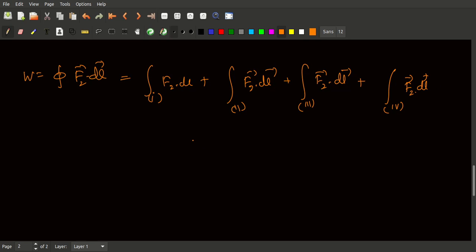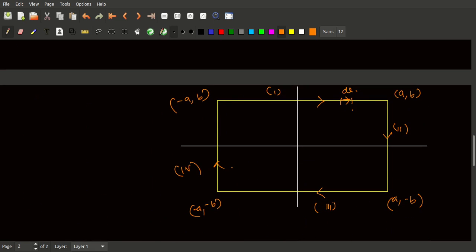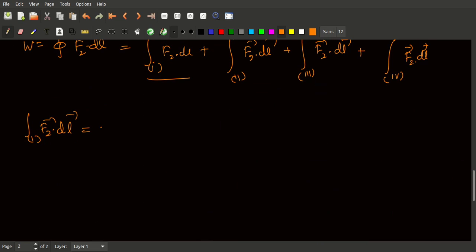Now let's do it for each part. Let's do the first part, this one. The integral along it of f2 · dl. In this path you see y is not changing, so the dy part is equal to 0. I can write dl as dx x̂ plus dy ŷ.